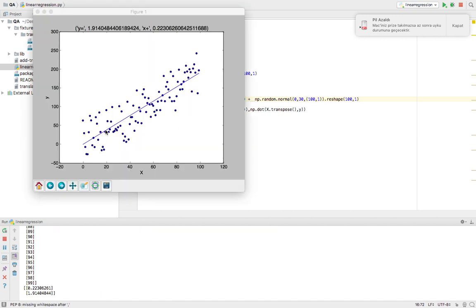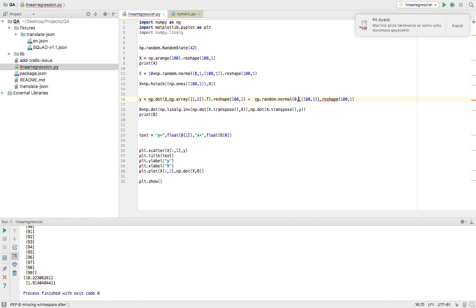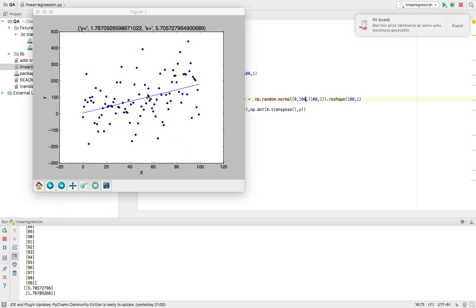So you see that the line predicts, but it's not accurate. And this is about the randomness of the dataset. When you increase it more and more, you will have some solution, but it will be unimportant to have such parameters.